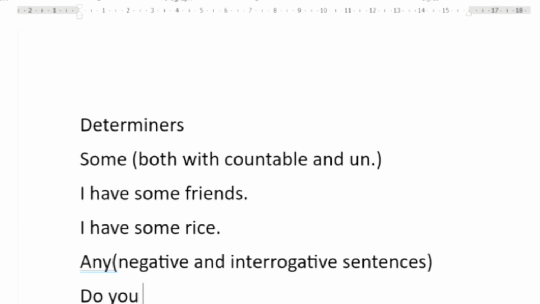Sentences which help you ask a question. Like for example, do you have any book? It's a question. I do not have any book. So the second one is a negative sentence. The first one is an interrogative sentence.